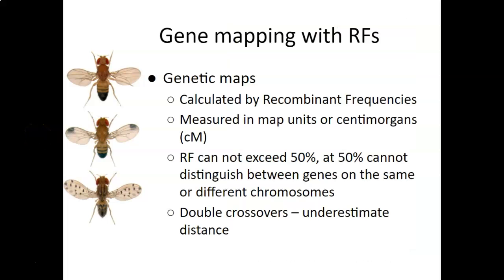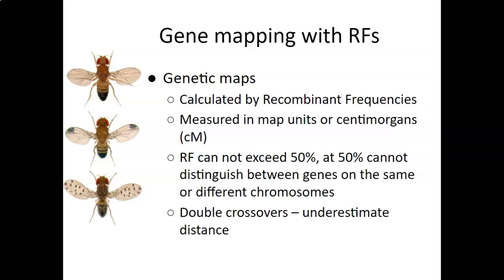And then again, you are mapping with those recombinant frequencies. So this is the idea that you calculate the recombinant frequencies, and then you use that frequency to determine where those genes are. When you're making genetic maps, it's measured in map units. You may have heard me say map units previously in this lecture, and you're like, what is this crazy lady talking about? Well, map units: 1% recombinant frequency is one map unit.